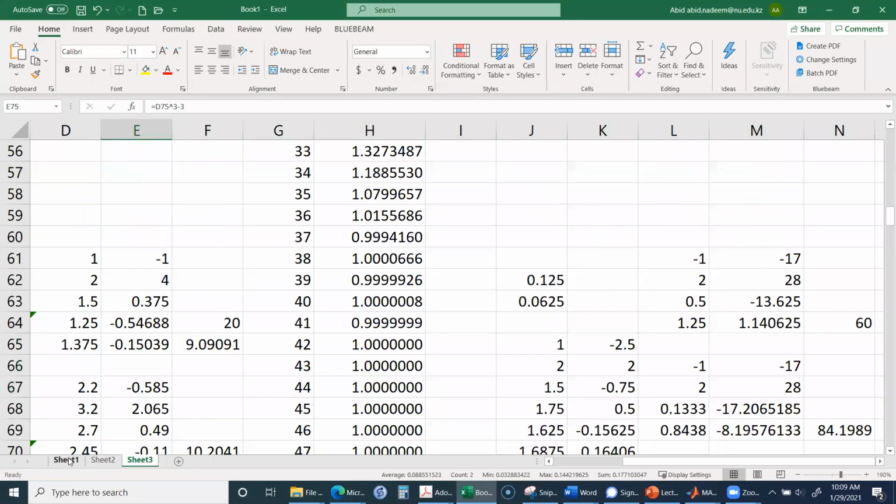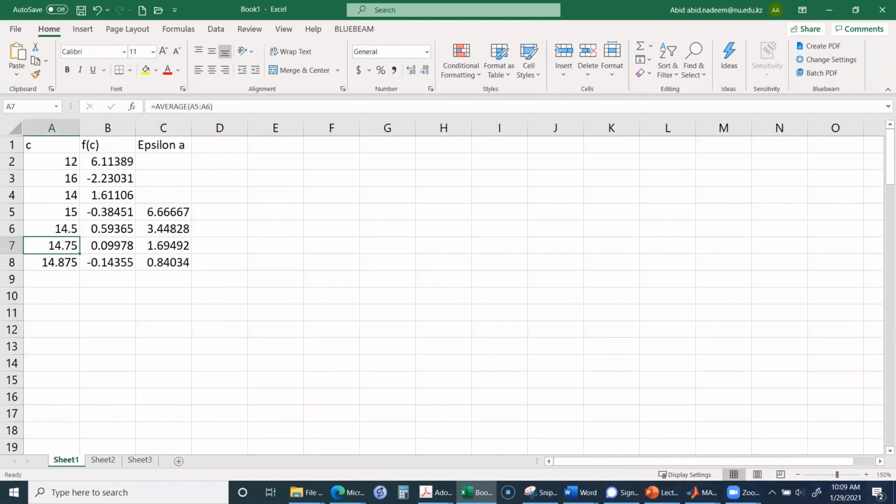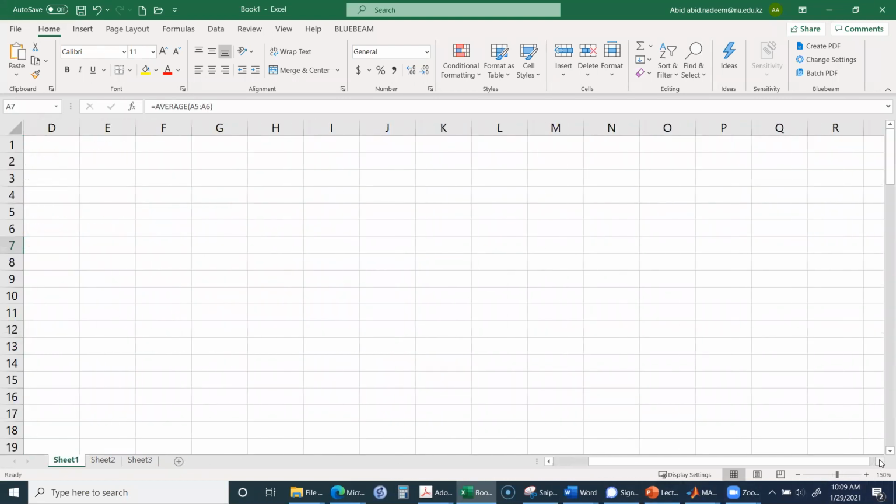Maybe I can open in a new sheet. So for example, the first iteration, I is 0, 1, 2, 3.